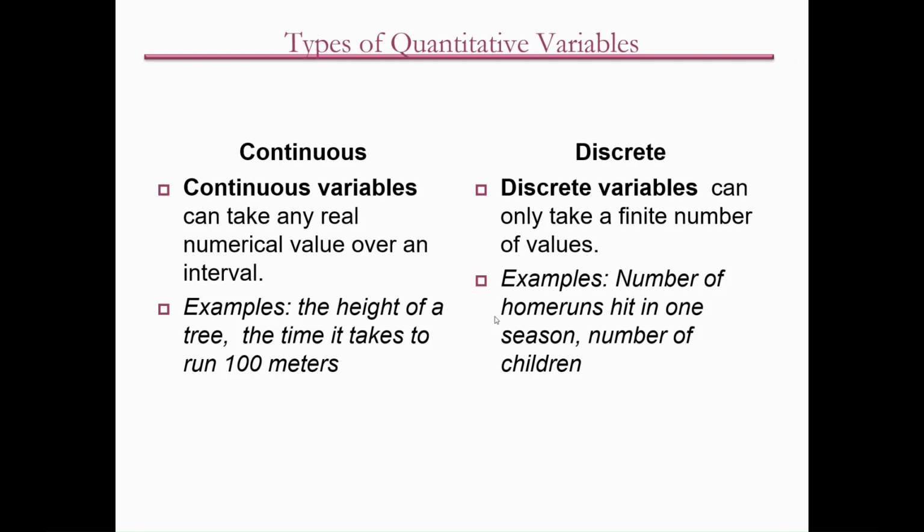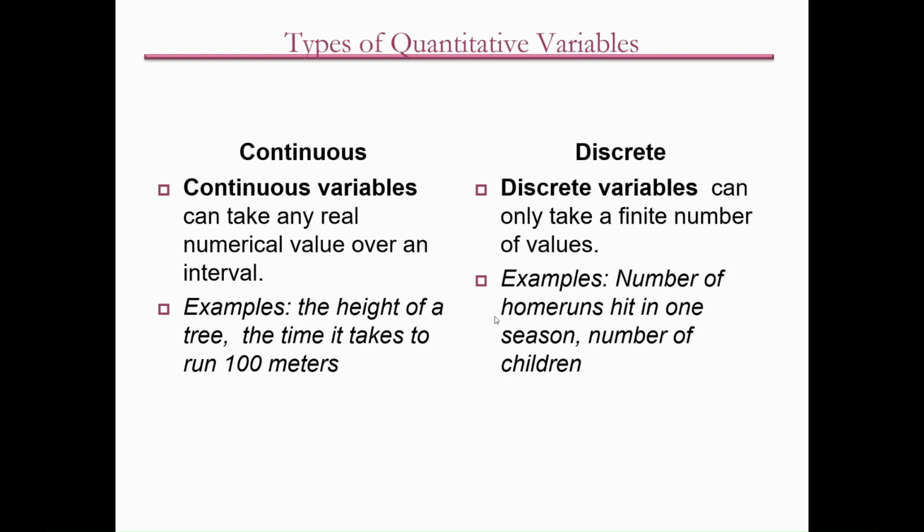And you can't have 3.2 home runs, right? If the number of home runs was continuous, then we would have to be able to hit 3.2 home runs or 3.7234 home runs. But when it came to that tree, it could be any crazy number between the minimum and maximum height.